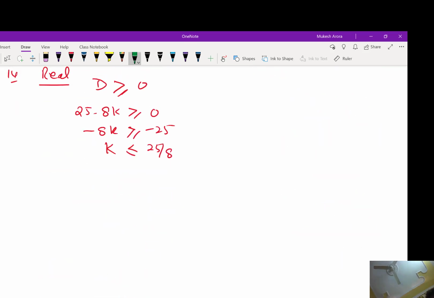Or we can do one more sum, that is if 2kx squared plus 4x minus 2 is equal to 0, find the value of k when it has real roots.